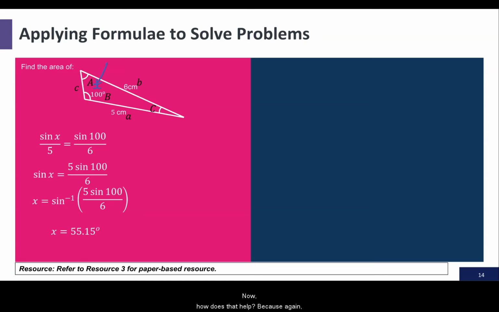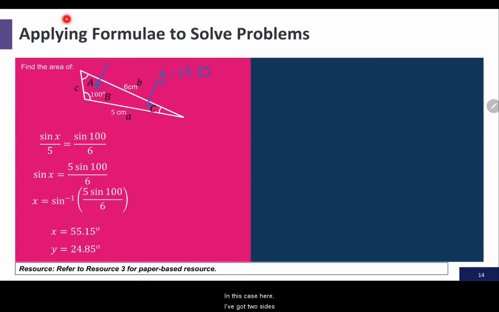Now how does that help? Because again, we haven't got two sides and the angle between. But what we can do is find this angle here, where capital C is, and I'm going to call that y. The sum of the angles inside a triangle is 180 degrees, which means y comes out as 24.85.